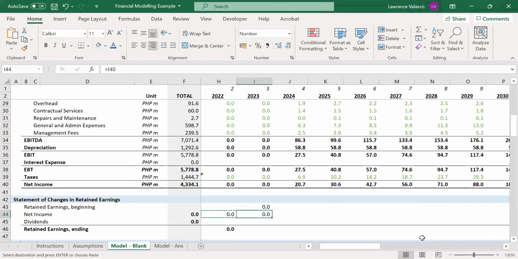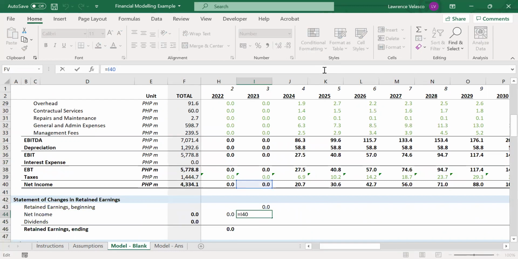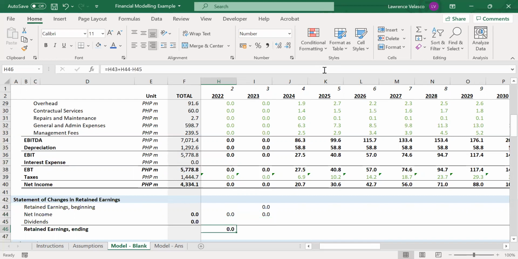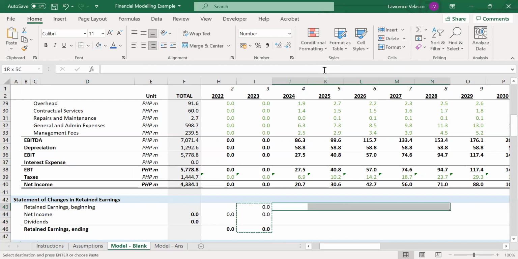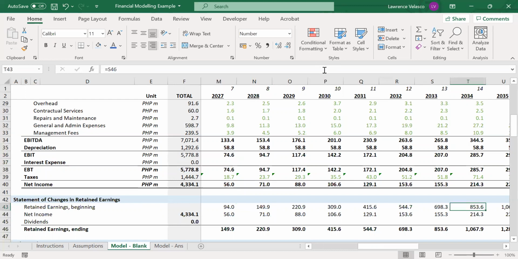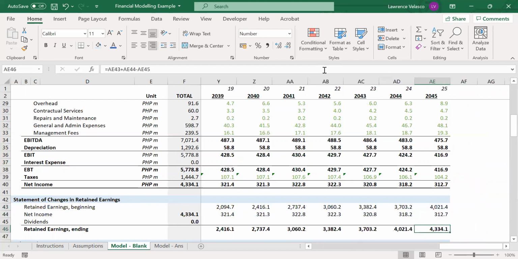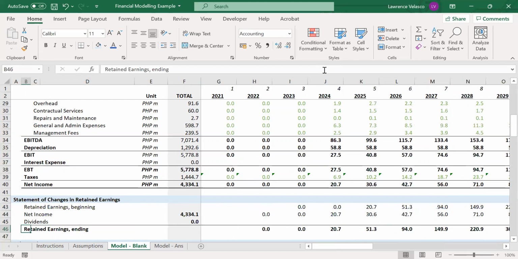Itong net income, pwede mo nang kopyahin dyan kasi naka-connect na yun. And then ito, pwede mo nang kopyahin dyan. So you can now copy this for all years, and then you have retained earnings ending. Okay, oops, sorry. Dito pala siya dapat nag-umpisa.